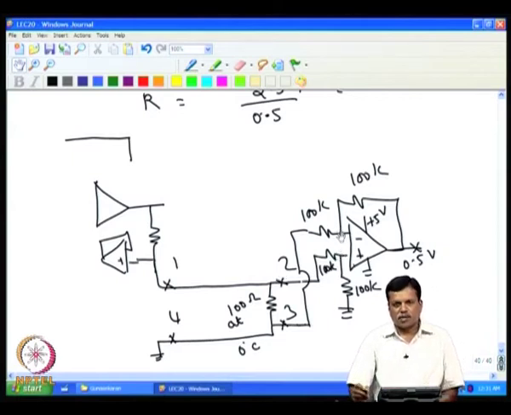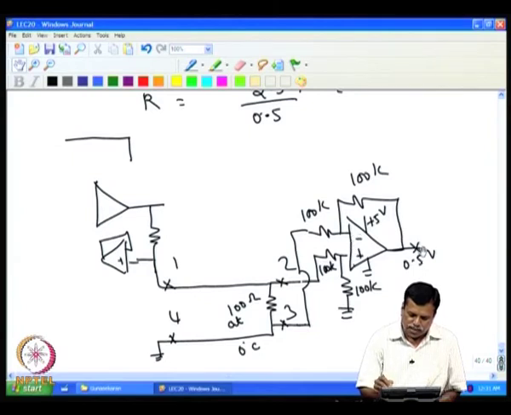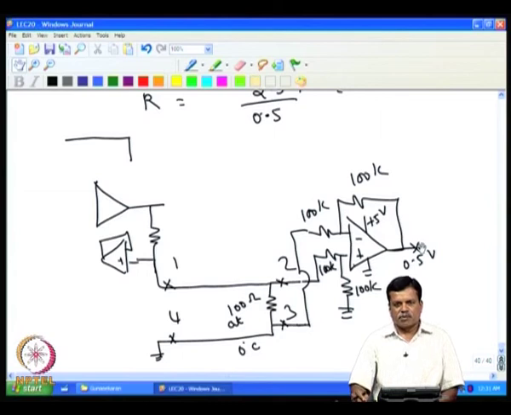Most of the single supply op amps accept 0.25 volt, like LM324 accepts 0.25 volt. So, one can use this arrangement, there is no problem. So, you will get the 0.5 volt at the output. Output also, most of the single supply op amps like LM324 give you up to 0.5 volt linear output. So, no issue with that.